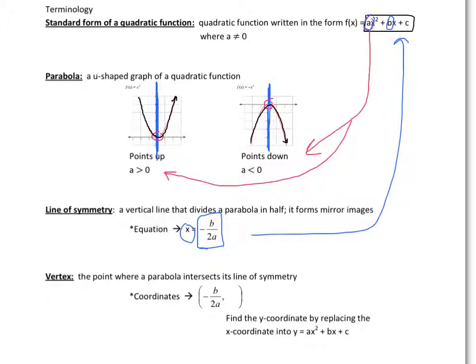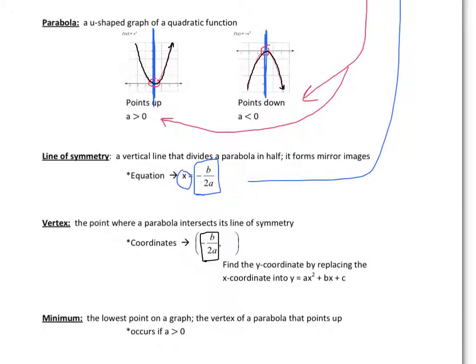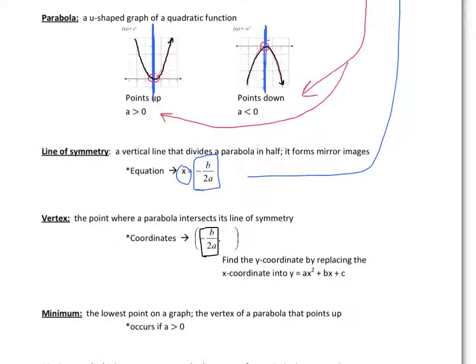Notice that it is on your line of symmetry, so whatever you know to be your line of symmetry, that would be your x value of the coordinate. And you would plug that into your standard form to find out your y value of the vertex. Now notice that the vertex is either going to be at the bottom of your parabola or the top.